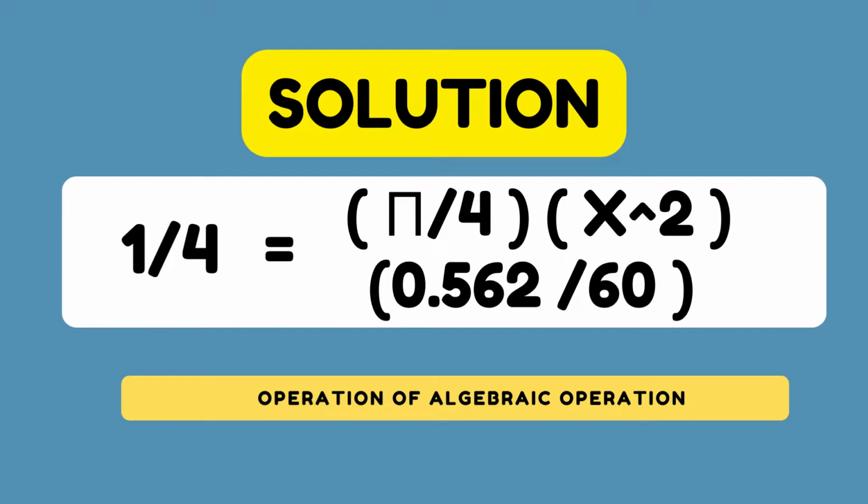The given volume flow rate has a unit of cubic feet per second, while the rate at which the water is rising is 0.562, which has a unit of feet per minute. Then we shall have the equation. 1/4 is equals to pi over 4 times x squared times 0.562 divided by 60.